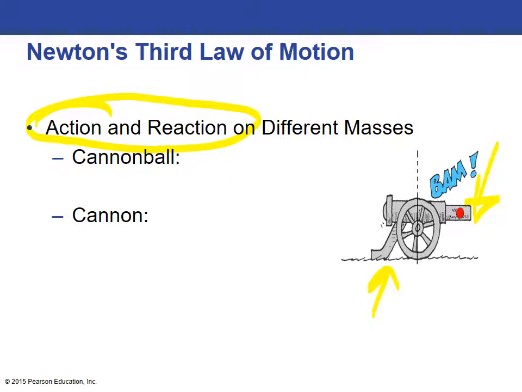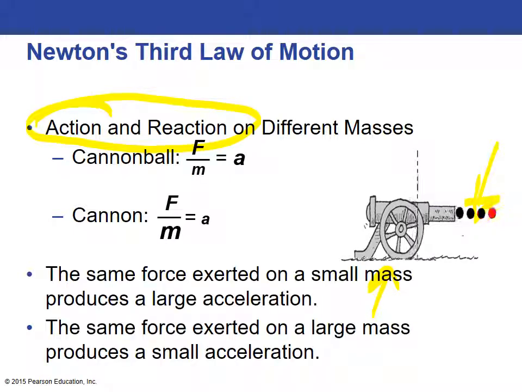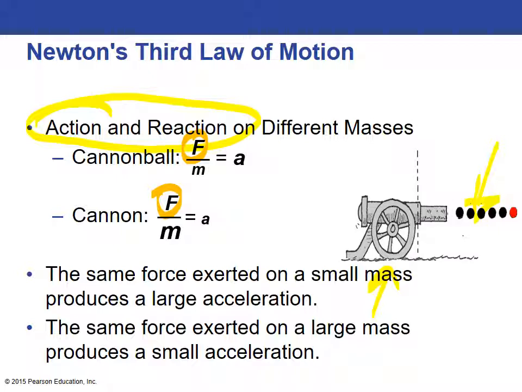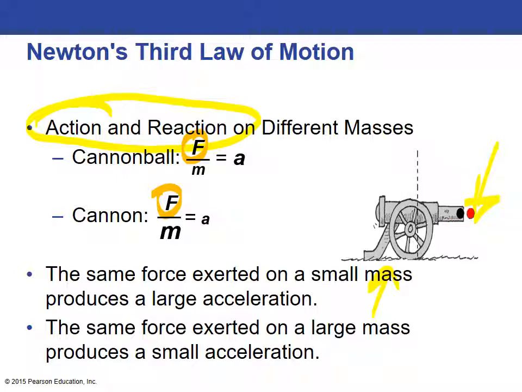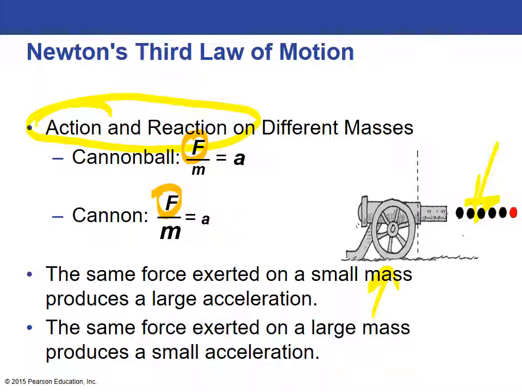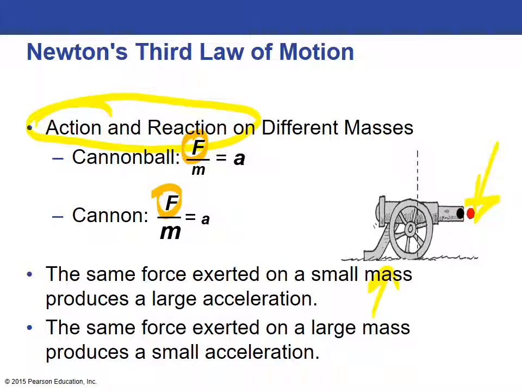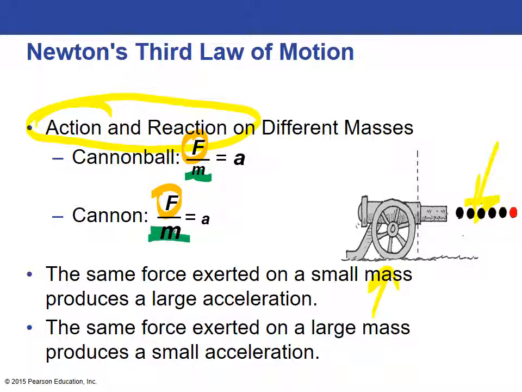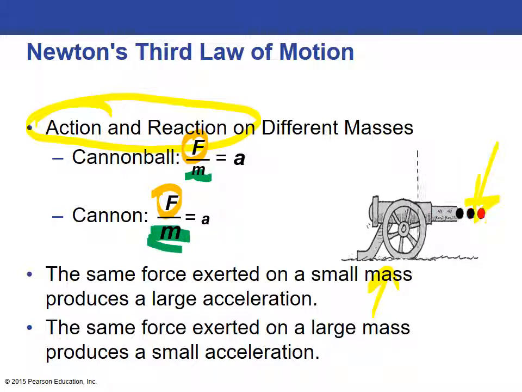In our case, the cannonball, well, Newton's third law is telling us that the magnitude of this force is the same, but the directions are opposite. So think about the massiveness of the cannonball compared to the much greater massiveness of the cannon.